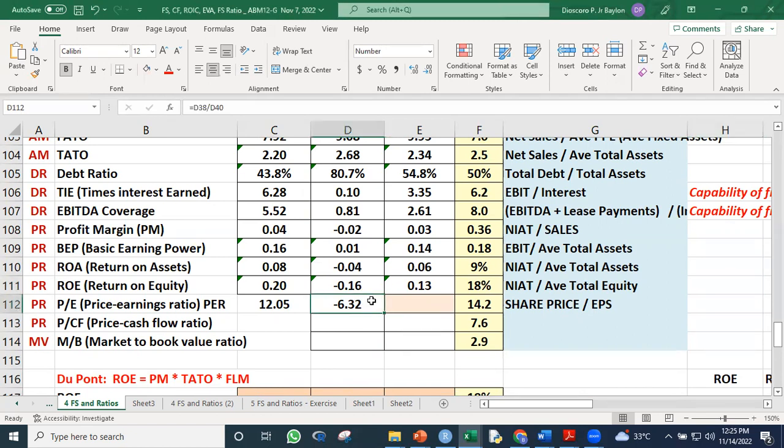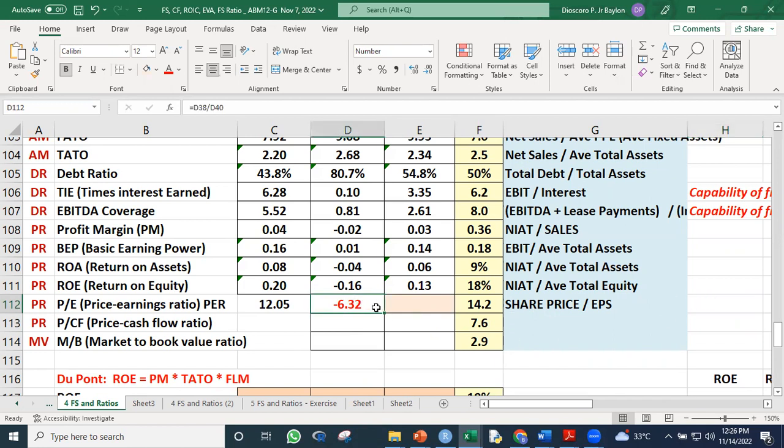So, class ito, this is uninterpretable, ano? It doesn't make sense, guys, to say that negative yung cost, no? Negative yung price. So if it's at a net loss, we cannot really put an interpretation to the price per earnings ratio.